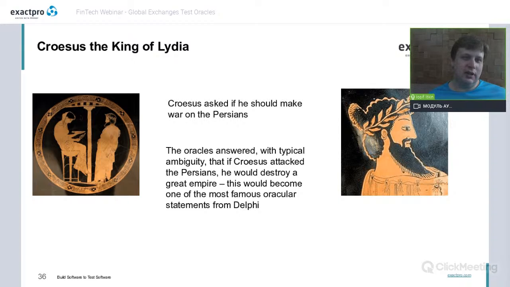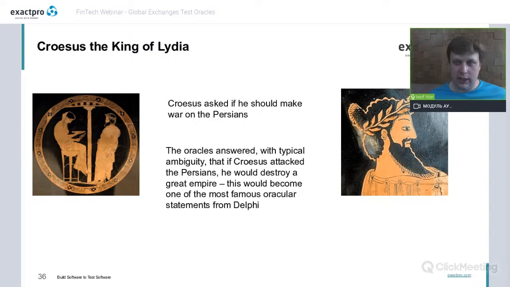Croesus was known as an extremely wealthy and successful king for quite some time. So he is a representation of wealth. And the story says that he was thinking whether he should make war on the Persians or not.